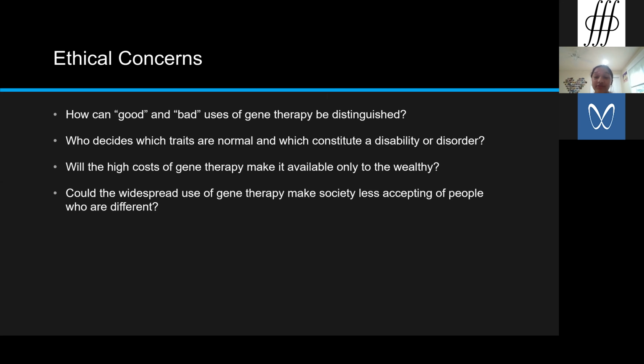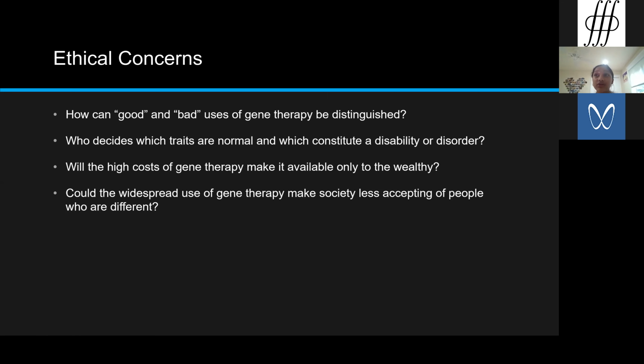Also, could the widespread use of gene therapy make society less accepting of people who are different? Yeah, so unfortunately, we live in a society where not everyone is considered equal, right? So would gene therapy widen that gap? Would people who get gene therapy consider those who don't as less than them, like they're not as good as the people who get gene therapy?